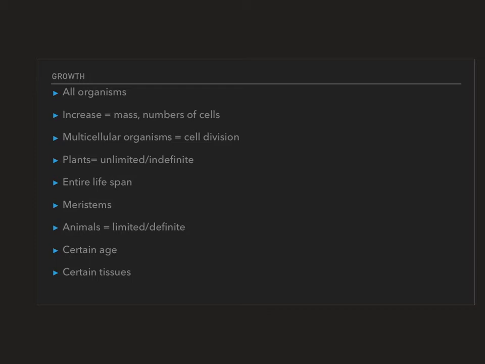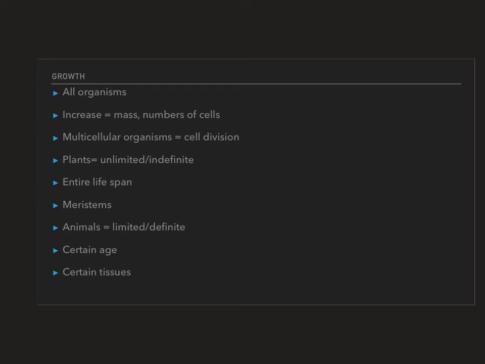The growth takes place throughout their lifespan because of meristems. Plants have meristems at the tips of roots and tips of stems. Due to the meristems, plants show unlimited, indefinite growth.